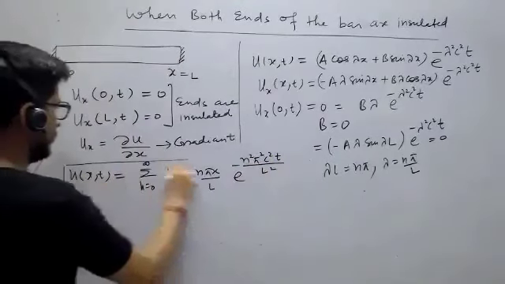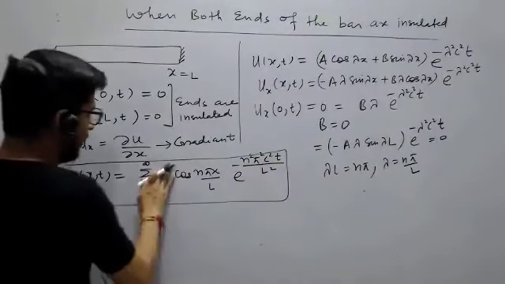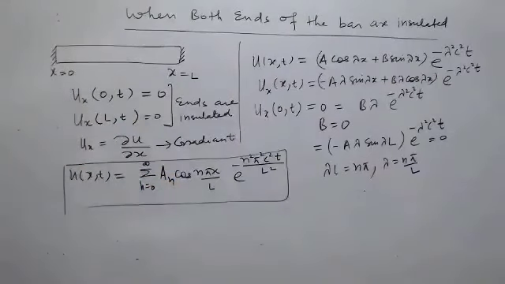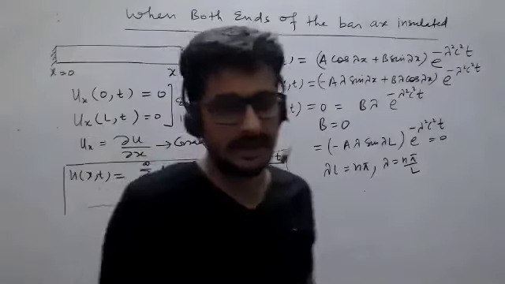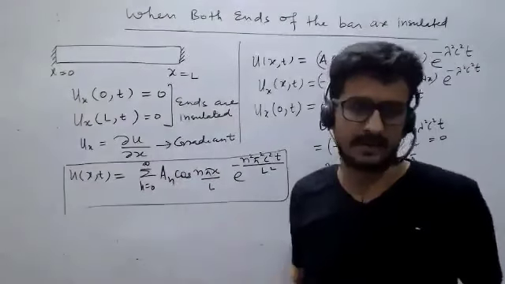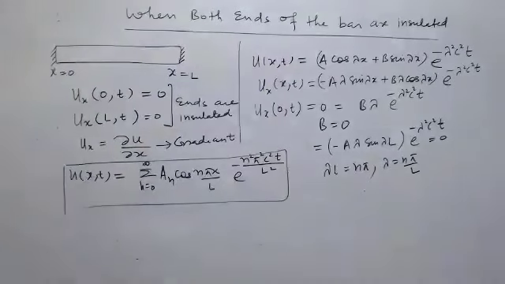This is the solution when the ends are insulated. Now this will be a_n because there will be many coefficients. So the solution after this, there is one more boundary condition that will be given and then you can solve it. Please check this if this is okay.